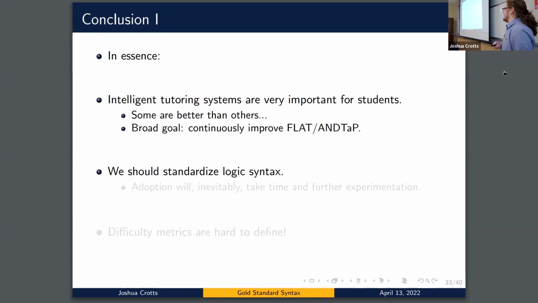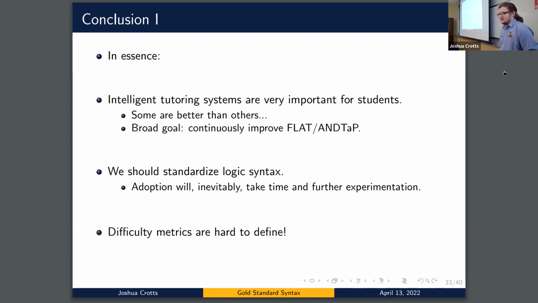And going back to this gold standard idea, we should standardize logic syntax. That's going to take time. It's going to take more research and more experimentation with other systems to see how well it works. And lastly, it's difficult to define difficulty metrics.